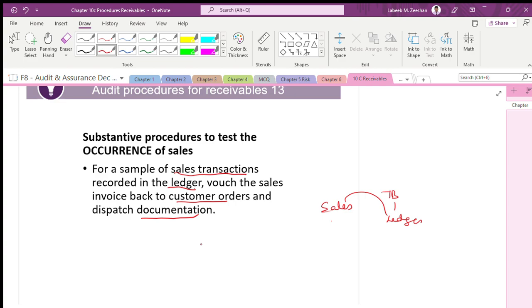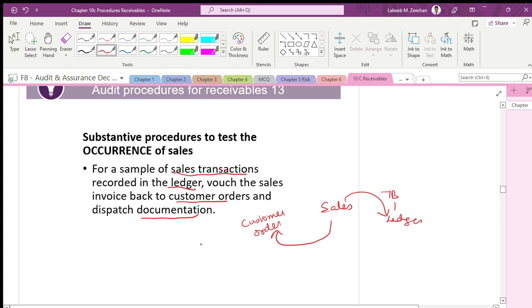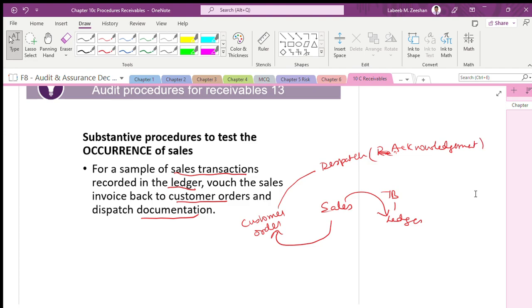Now what we have to do is trace the invoice back, whether it has been done as per the customer orders. One side you are going forward, another side you are going back. Customer orders: whether it has been dispatched. Dispatch documentation means whether we got acknowledgement from the customer.